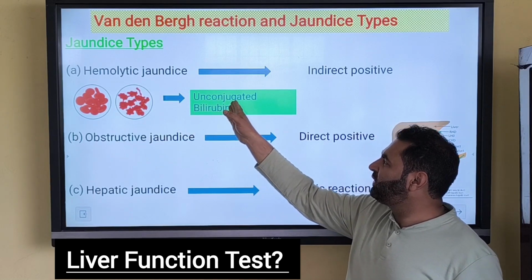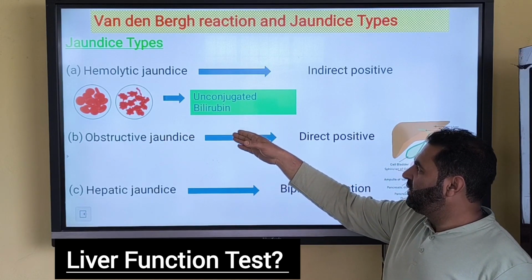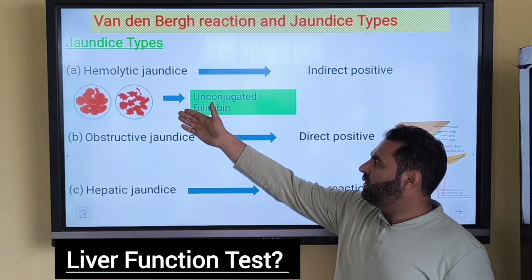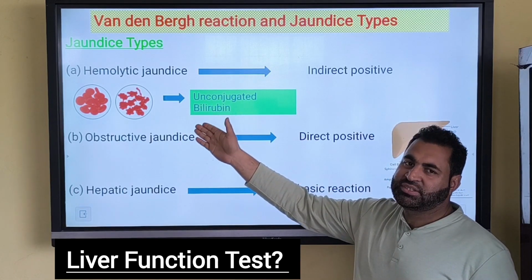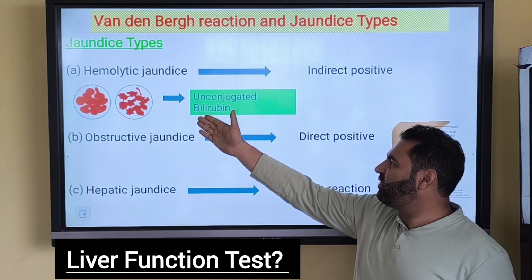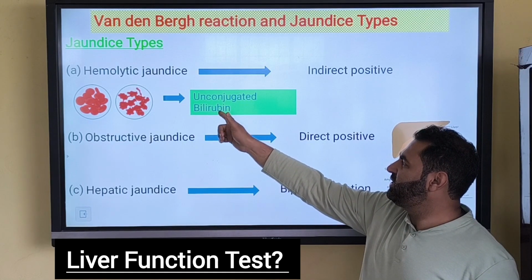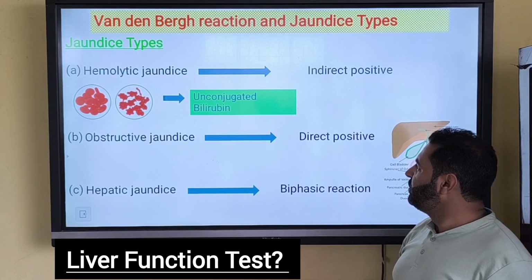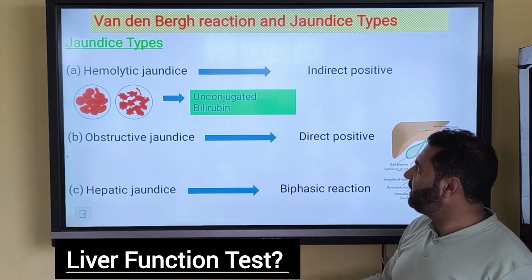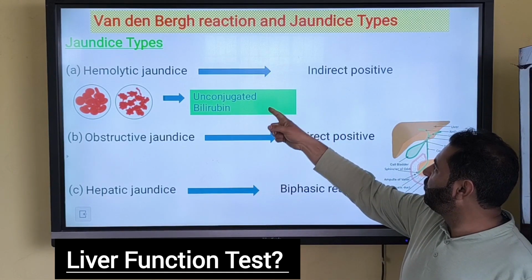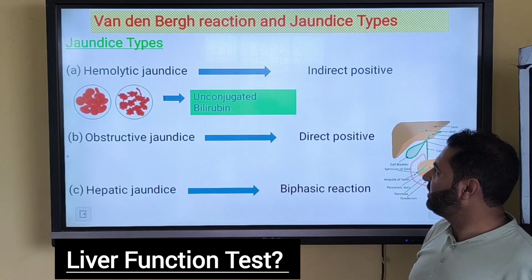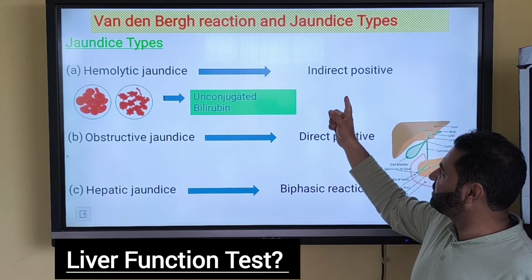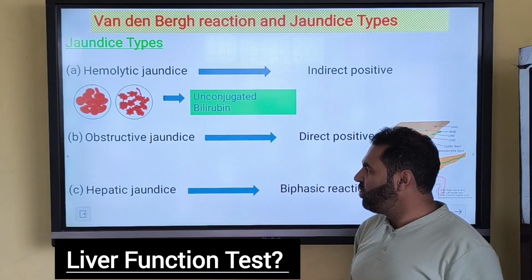So a lot of unconjugated bilirubin is present because a lot of hemolysis is happening and the liver is getting overloaded. So hemolytic jaundice will be diagnosed by indirect Van den Bergh reaction. If we are having indirect Van den Bergh reaction, that means hemolytic jaundice.